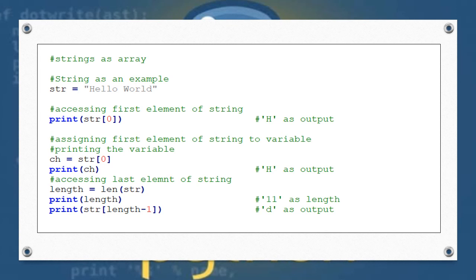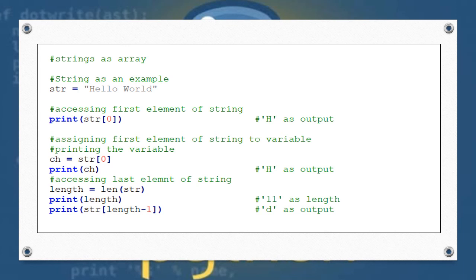Here I gave len and variable str as an argument to the len function, stored that value in the length variable and printed the length. I will get 11 characters because it counts white space also. So I get 11 characters of this string here.